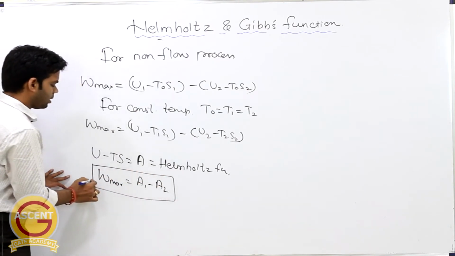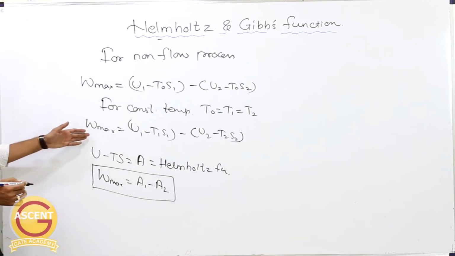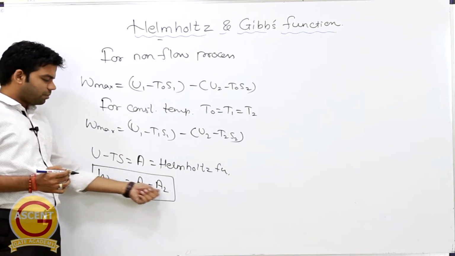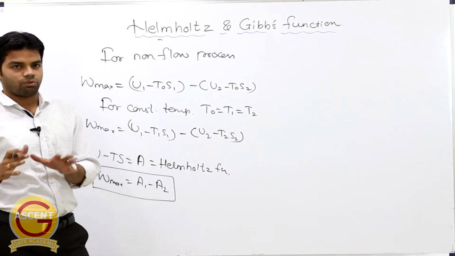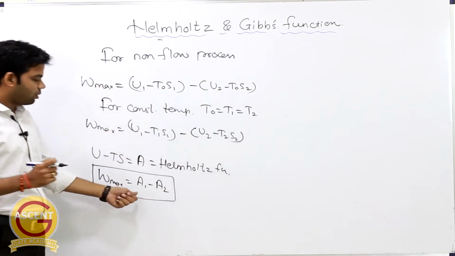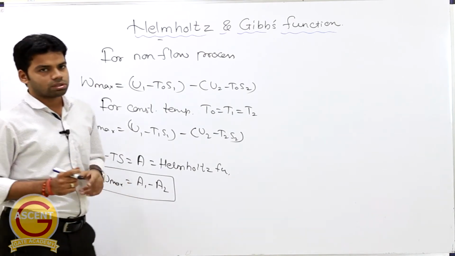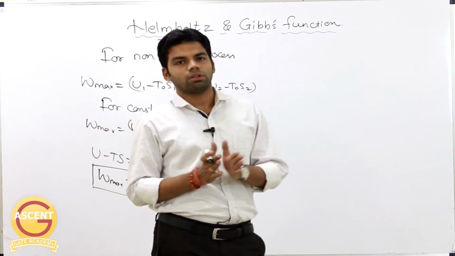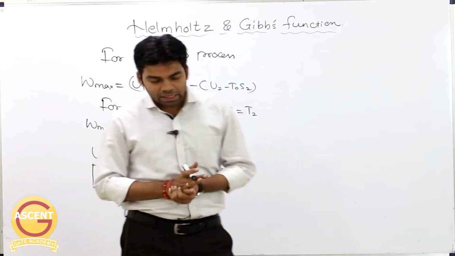And as it is clear from here, this formula can be used only for the closed system, for non-flow process only, and not for the flow process. This is the restriction for using this formula. This Helmholtz function can be used for non-flow process only and not for the open system. Getting this or not?